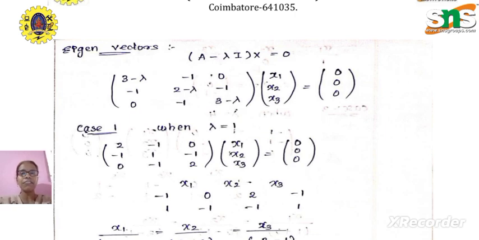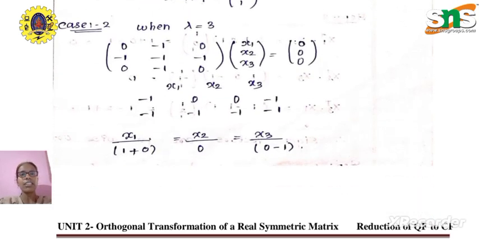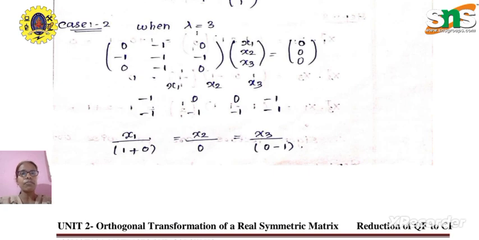It reflects only in the diagonal ones; the remaining elements are as they are. We are going to get the matrix of this form. Now we check the first 2 rows, 0 minus 1 0 and minus 1 minus 1 minus 1. Those 2 rows are different, which means we are going to use the cross multiplication method.